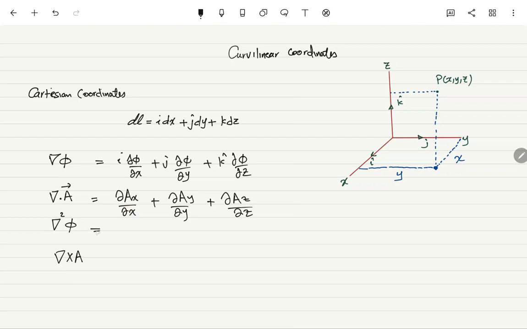Now the Laplacian of phi in Cartesian coordinates is the second derivative of phi with respect to x squared plus the second derivative of phi with respect to y squared plus the second partial of phi with respect to z squared.